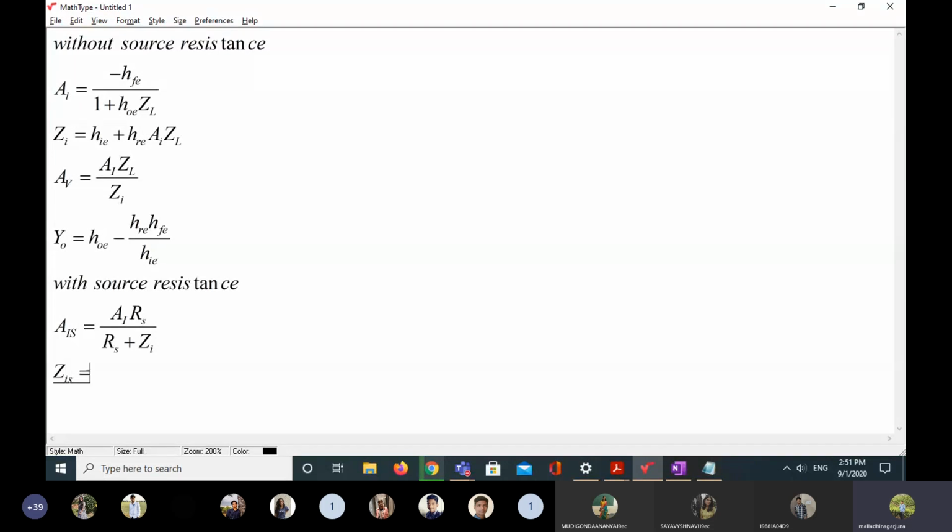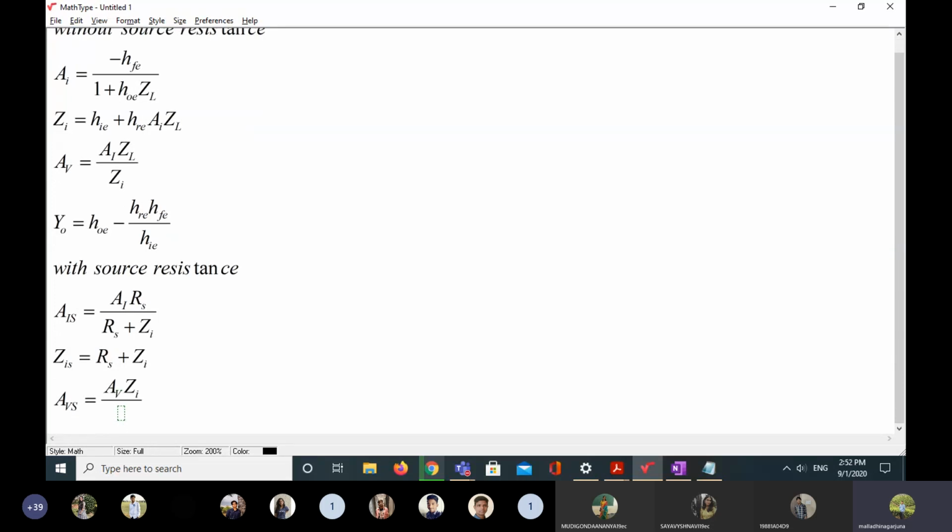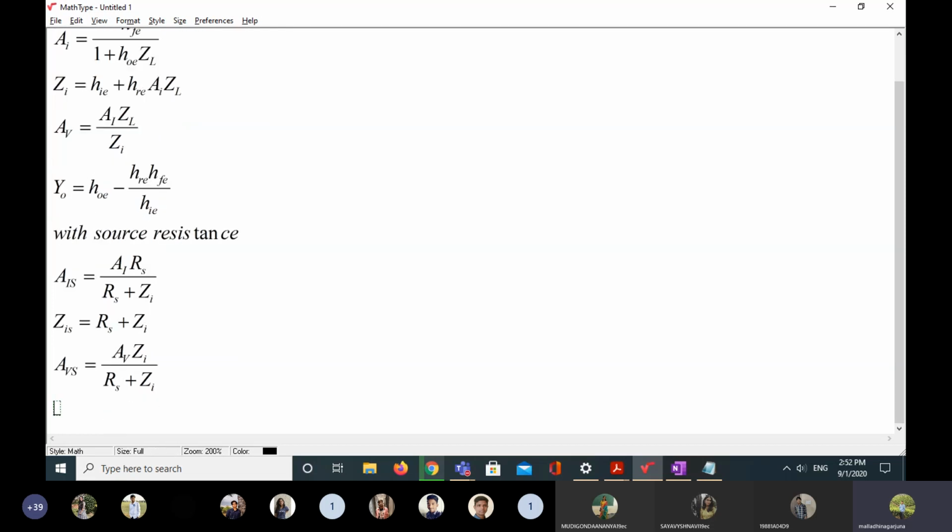ZIS is equal to RS plus ZI. AVS is equal to AV into ZI divided by RS plus ZI.